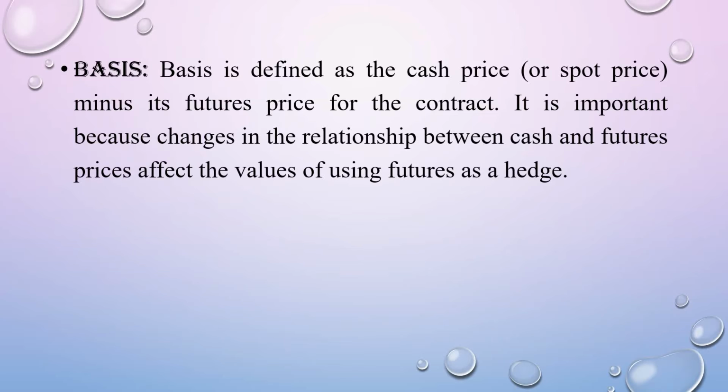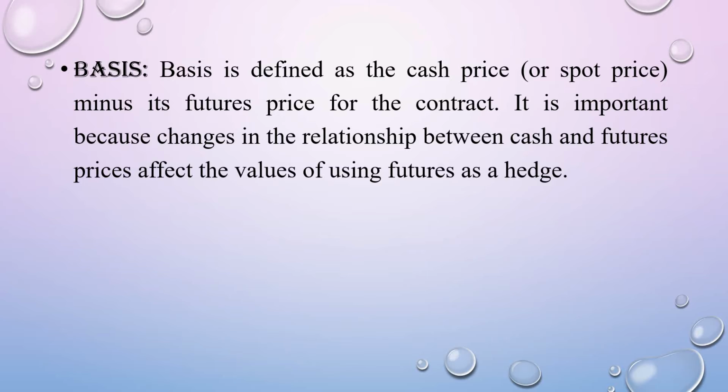Next one is basis. Basis is defined as the cash price or spot price minus its futures price for the contract. It is nothing but a difference between a cash price as well as a futures price.